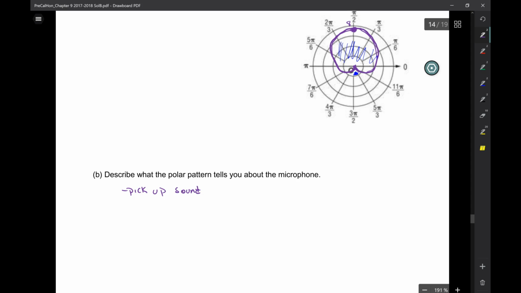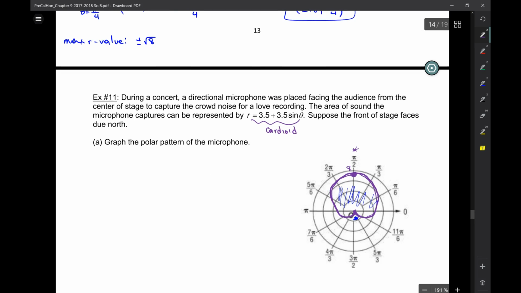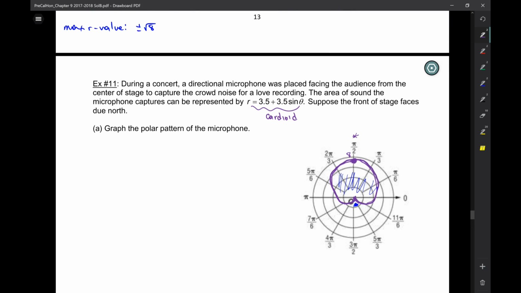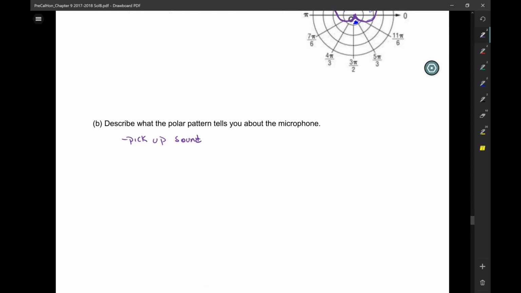What are the units here? Does it say? No, it's distance. The radius is distance. It doesn't say. So we'll work with units. 7 units away, at or in front, right?